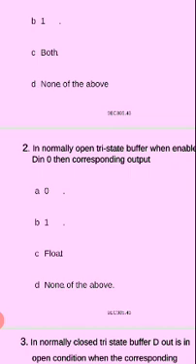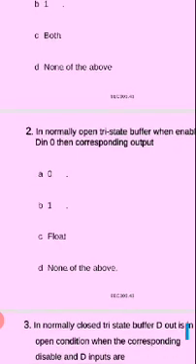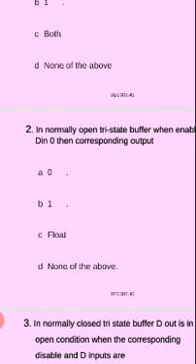If enable is 0, that is a float value, that is a high impedance state. Hence here the answer is C.